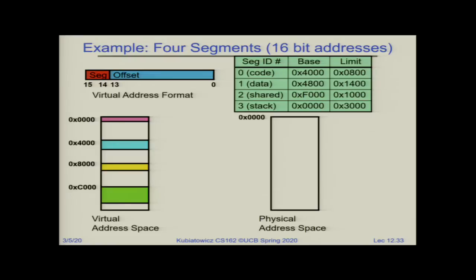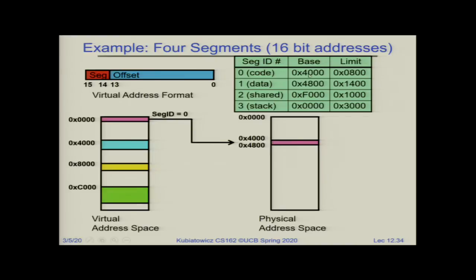Okay? The second part of the virtual address space will be everything from 4000 to 7FFF, and then from 8000 to BFFF, and then from C000 to FFFF. And if I want to look at what happens if the processor addresses something in that pink region, well, let's take a look. We know it's segment 0 because the top 2 bits are 0. And I go up here, where's segment 0?